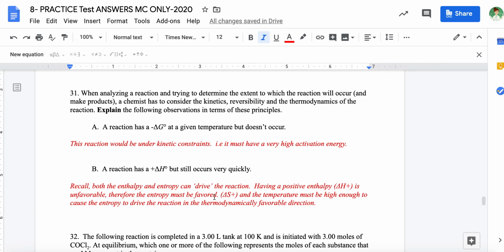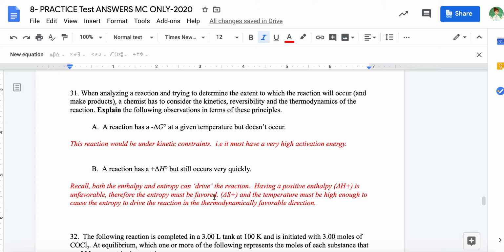Well, if it has a negative delta G, it means that it's thermodynamically favored, but one of the issues could be it could have a really, really high activation energy. And that could be a problem for why the reaction isn't really happening. The temperature maybe isn't high enough.